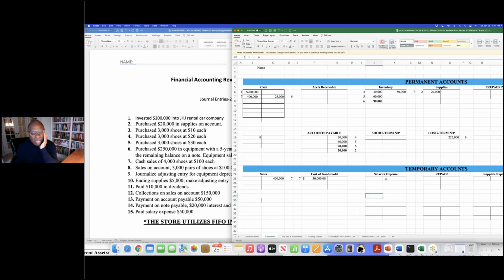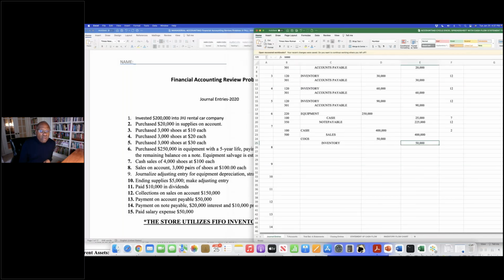Okay, let's move to our next journal entry, which is a sale on account of 3,000 pairs of shoes for 100. What's our account number for COGS, by the way? Inventory is 120.